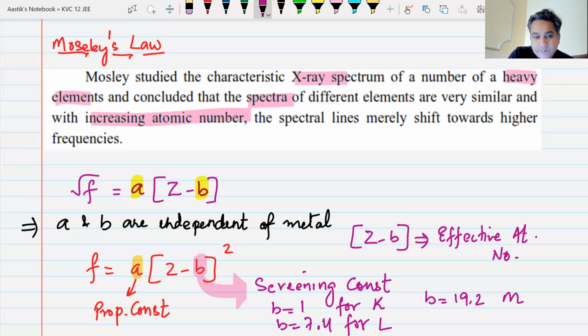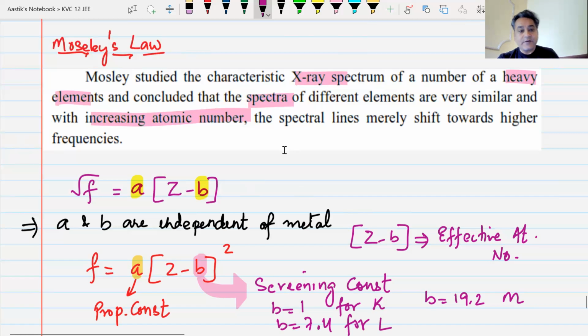Now we have to compare it with something.